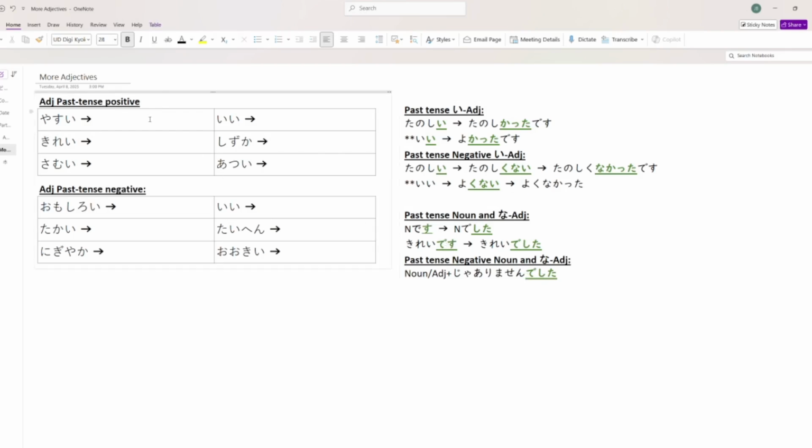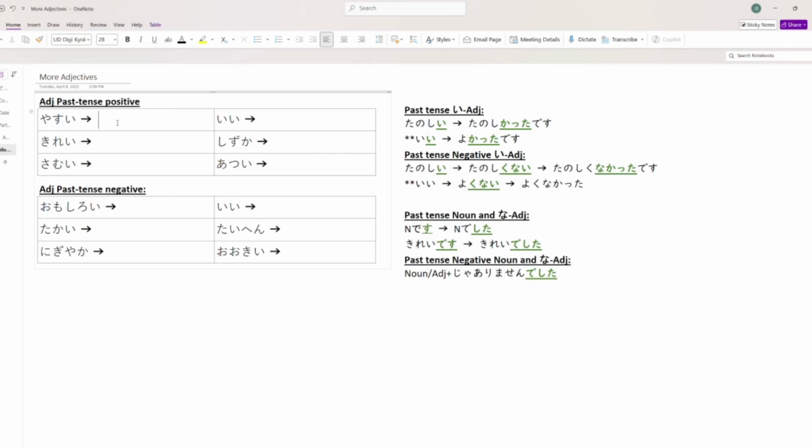All right. So I'll run through this first one just to get the ball rolling. All of these top ones are going to be positive. All the bottom ones are going to be negative. So yasui is cheap. Let me move my keyboard over. There we go. That feels better on my hands and wrists. Yasui, we need to change that last i.